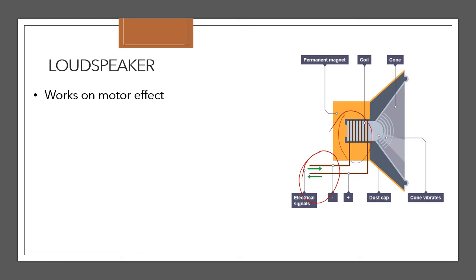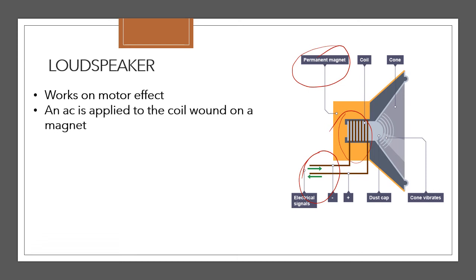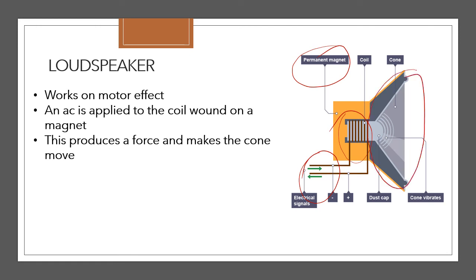And when current flows through a coil, what happens? It creates a magnetic field. There is already a permanent magnet here. So both the magnetic fields are going to interact and produce a force. And that force is going to make the cone attached to the coil vibrate. You can see a cone here.